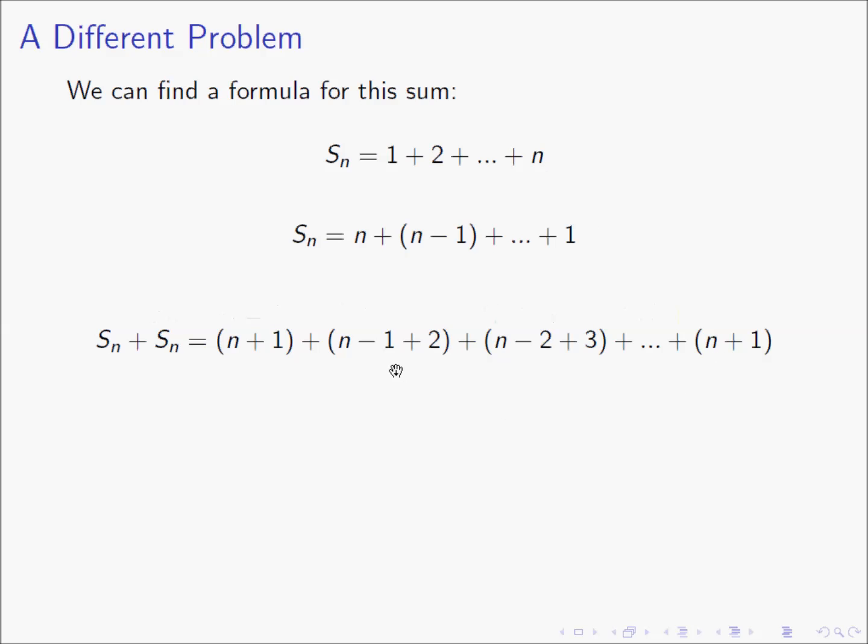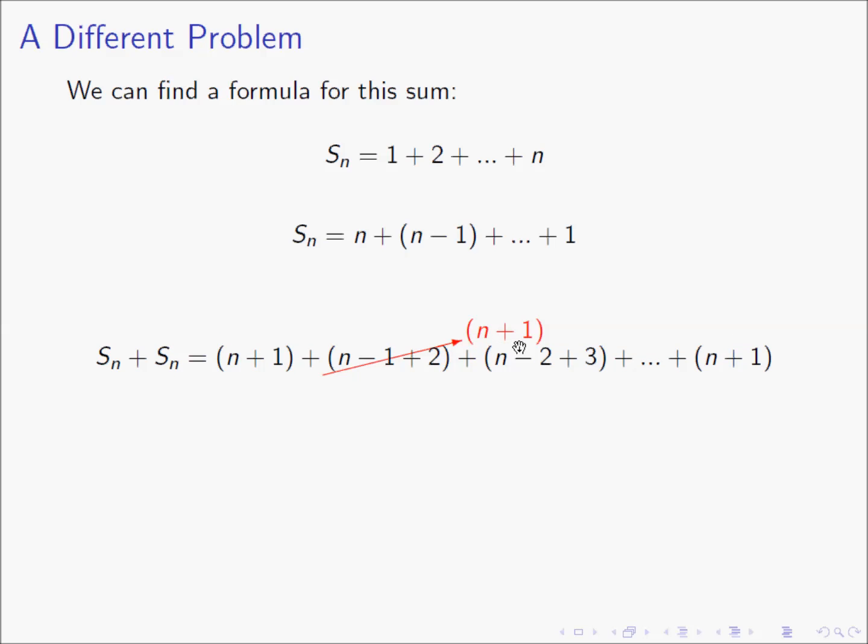But here we know that n minus 1 plus 2 equals n plus 1, and n minus 2 plus 3 equals n plus 1 too. And you can continue with the next terms, and you'll see that every term equals n plus 1.